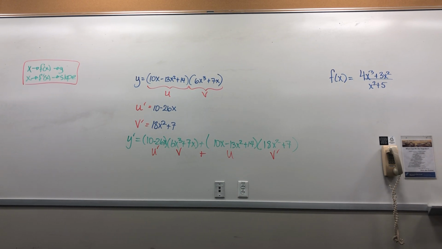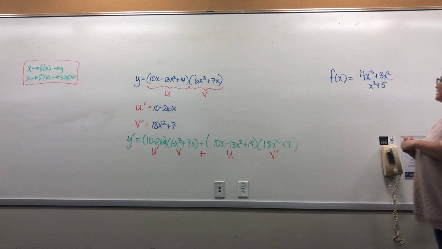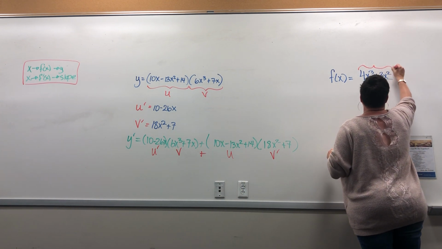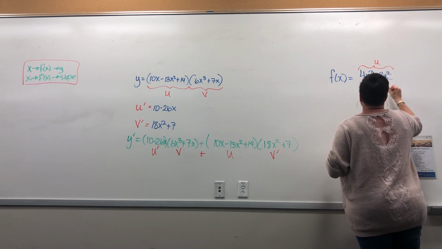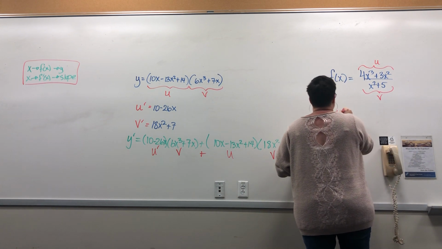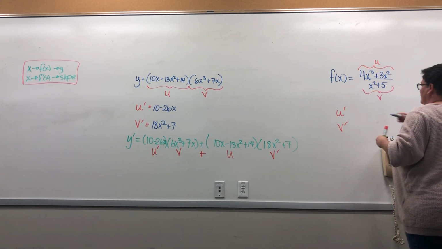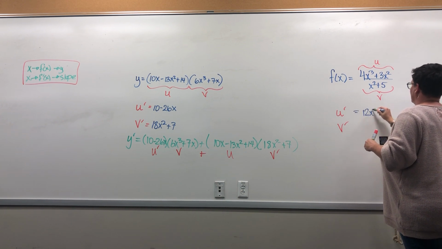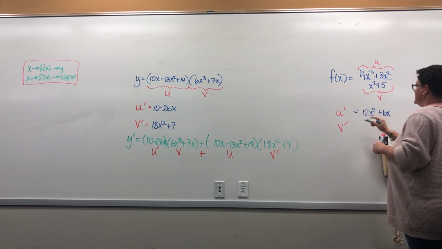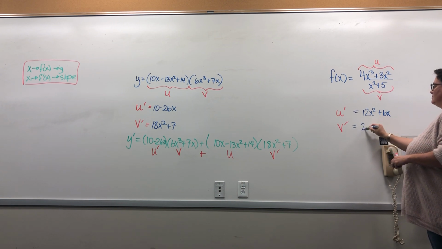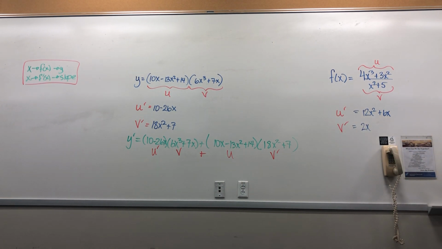What's my u? This is the stuff on top. What's my v? Stuff on the bottom. What's my u prime? 12x squared plus 6. Yup. What's my v prime? We're done. I mean, we're not quite done. We have to fill in the blanks, but we're done, right?